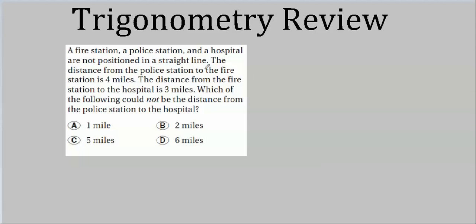So what do we have here? They're not in a straight line. Okay. So let's just put 3 little points over here, and say that these are going to be our fire station, police station, and hospital. Now we have to lay them out according to what they're giving us here. Distance from the fire station to the hospital. Let's say this is the fire station.